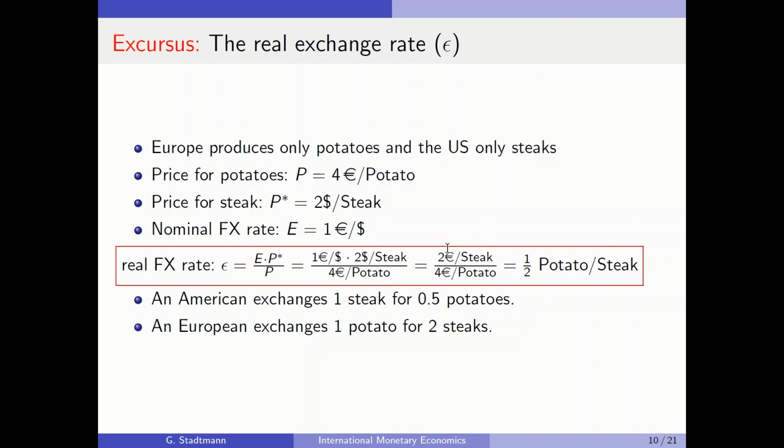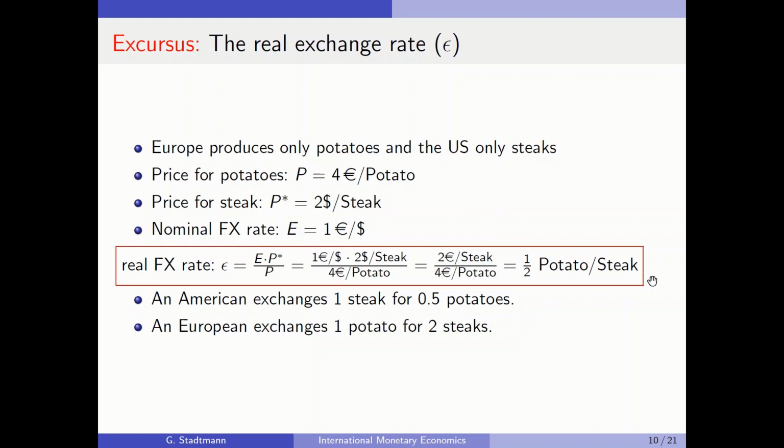In the first step, the dollar sign cancels out in the numerator of this fraction, so the numerator becomes 2 euros per steak. Then we can also cancel the 2 and the 4. We get 1/2. And the euro signs will also cancel out, so that in the end, the real exchange rate has a dimension like half a potato for 1 steak.